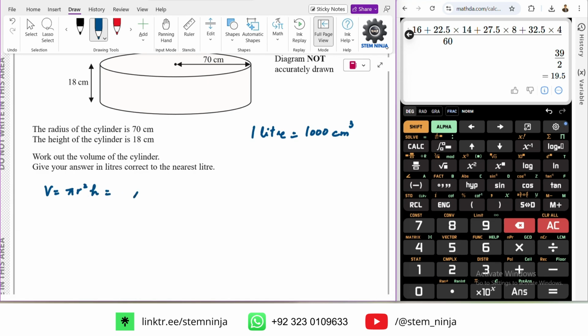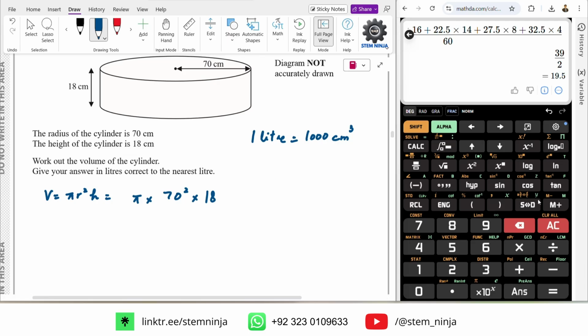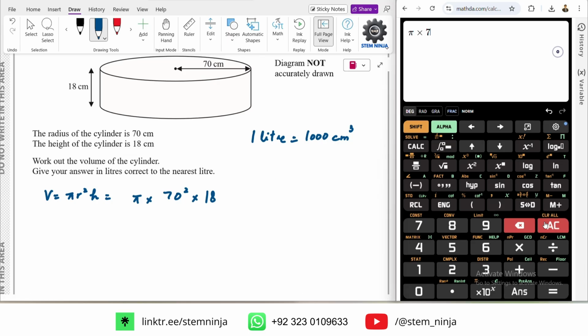This would be pi times 70 squared times 18. Pi r squared h, right. So pi times 70 squared times 18.